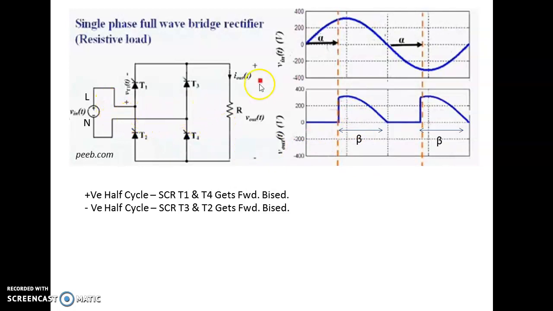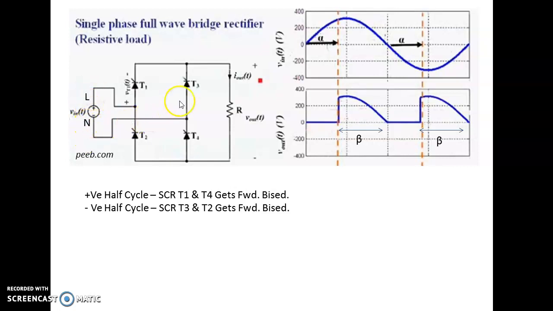In the negative half cycle, that is, at omega t equal to pi, what happens? The supply voltage gets phase reversal. Here we can see the supply is reversing its polarity. That's why this N point becomes L and this L point becomes N, that is, line and neutral are now reversed.